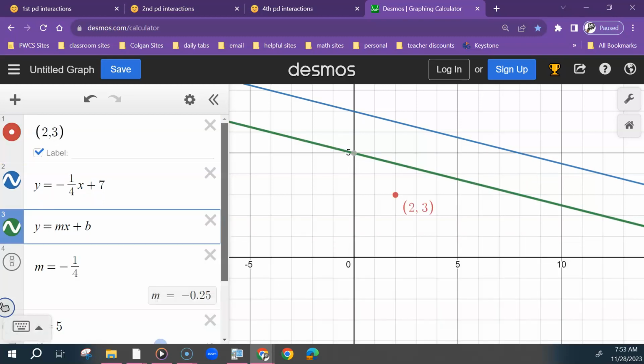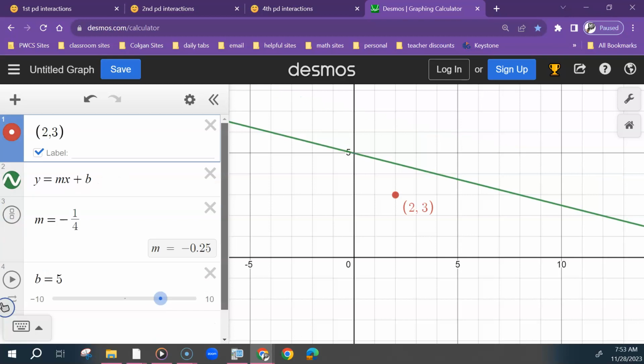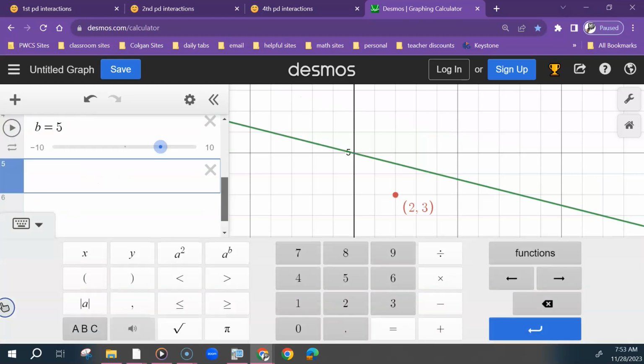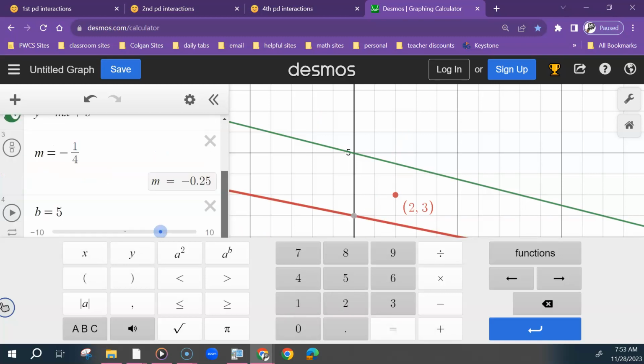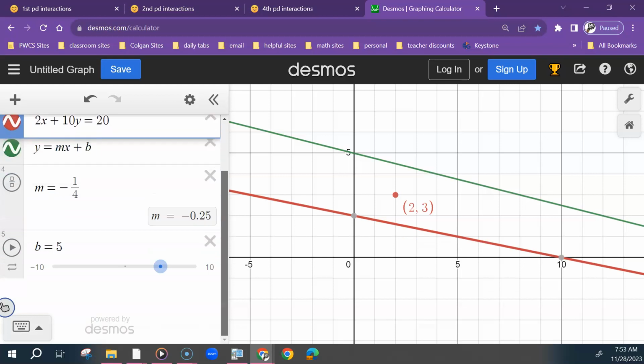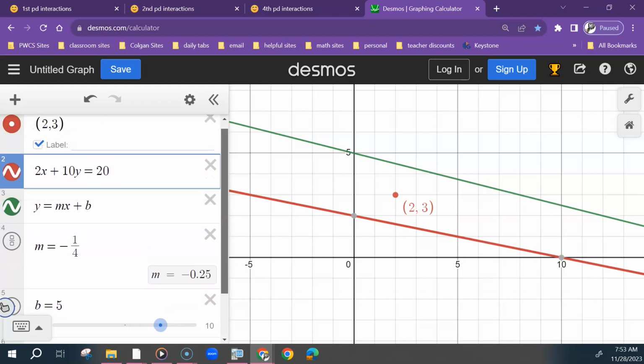Change the equation to, I'm going to write it exactly as it is, 2x plus 10y equals 20. We already had our y equals mx plus b.